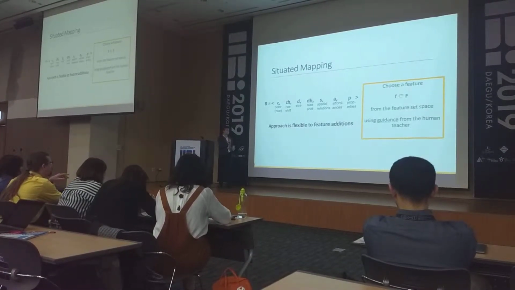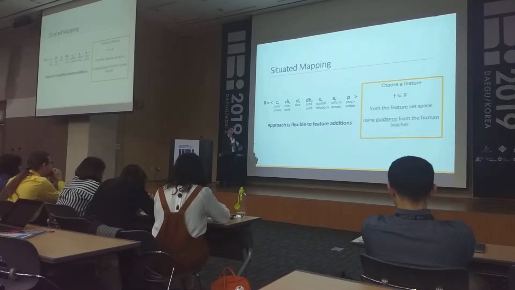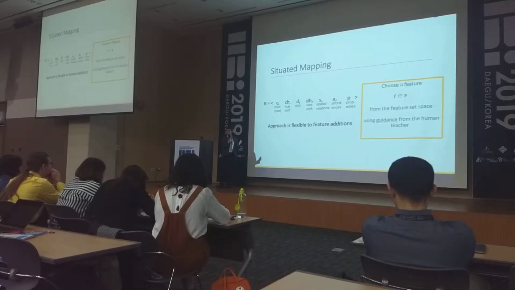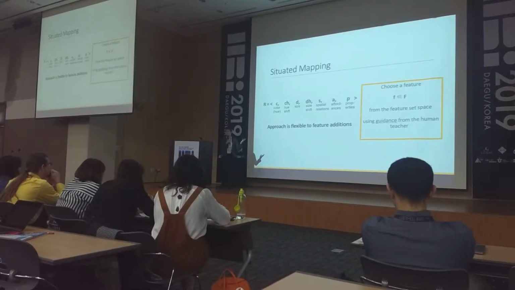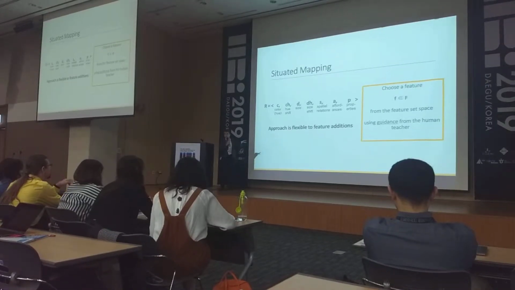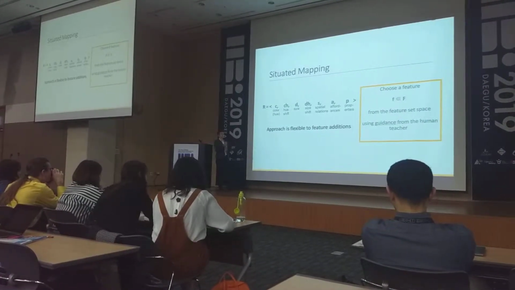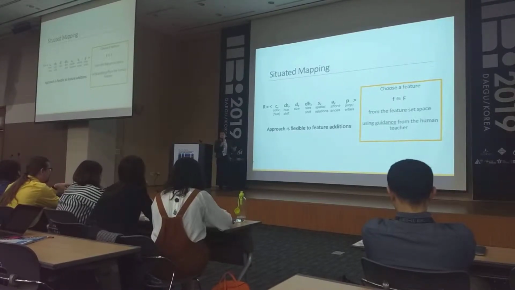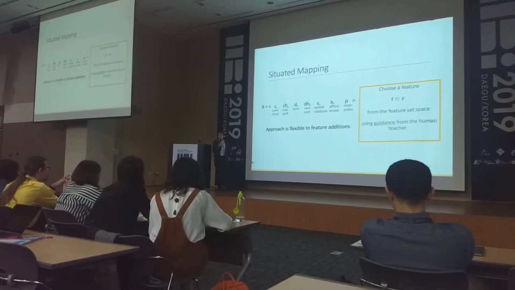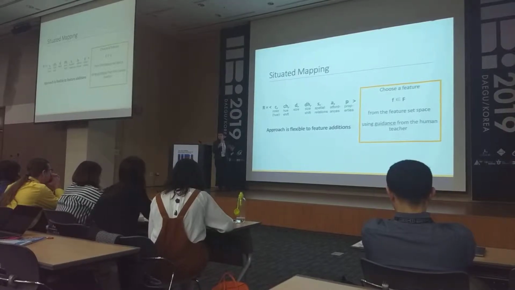We also considered several knowledge-based features such as spatial relationships between objects or affordances or properties. There's more details about this in the paper. But one major takeaway is that even though we included these 7 features, we don't claim that this is a complete set, but rather our approach is flexible for additions of new features.